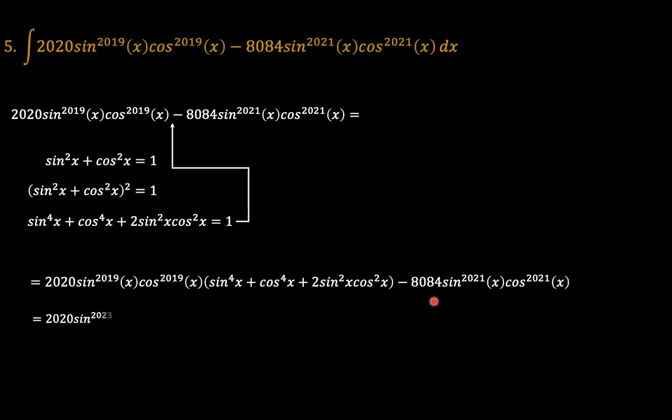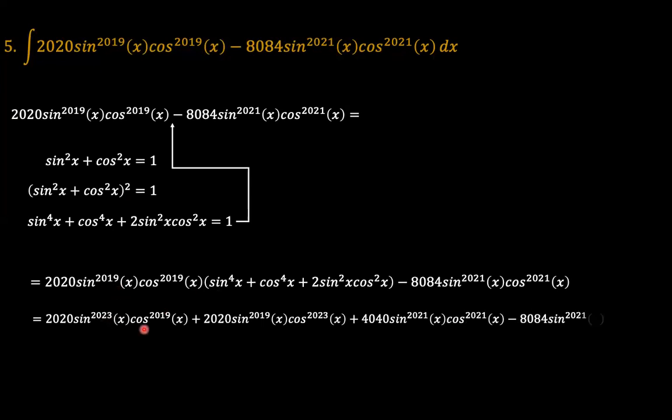So multiplying this initial term across, we have sine to the power 4x times sine to the power 2019x resulting in sine to the power 2023x. Cosine x for that first term remains as it is, but the second term now lifts the cosine power 2019 to 2023x.